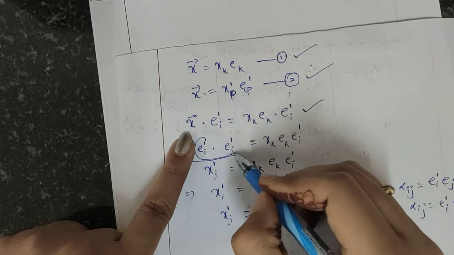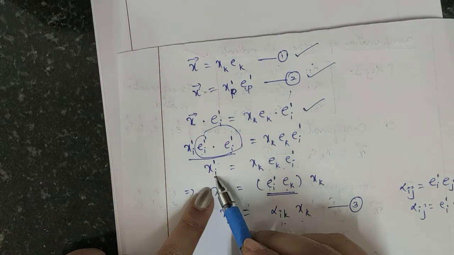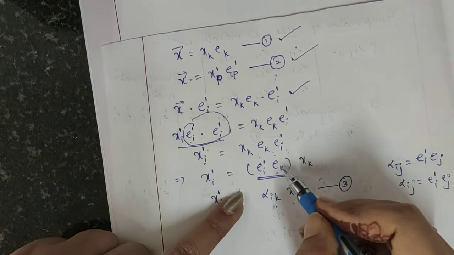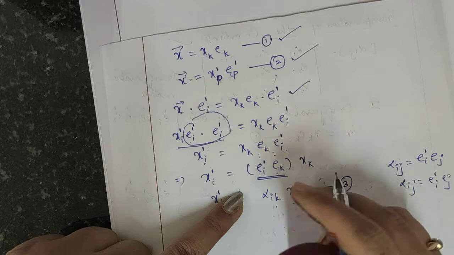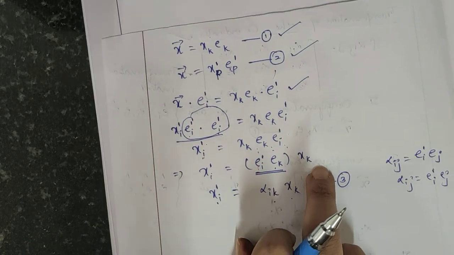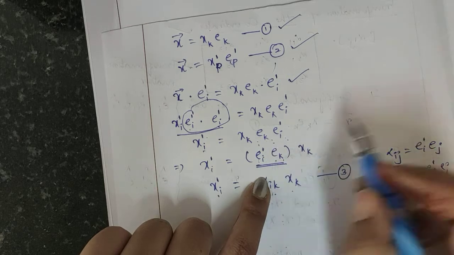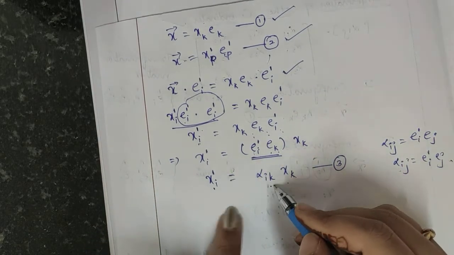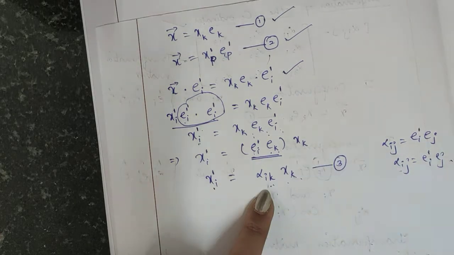Since ei prime dot ei prime is 1, we can write xi prime is equal to xk ek ei prime. Here I have just grouped the base vectors to one side and retained xk as it is. So ei prime ek is nothing but alpha ik. So we can write xi prime as alpha ik xk.